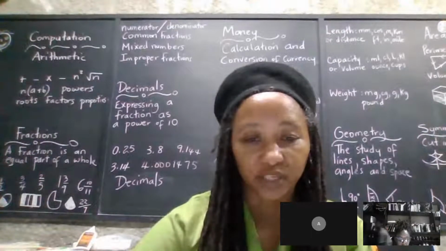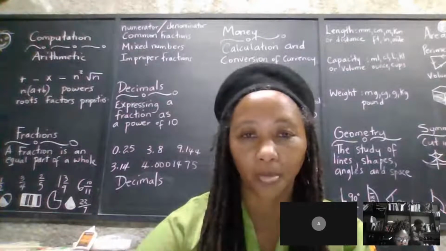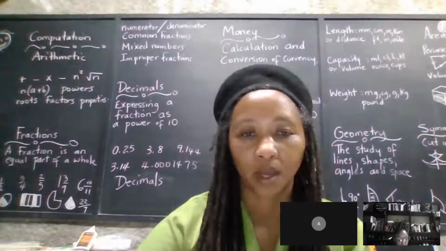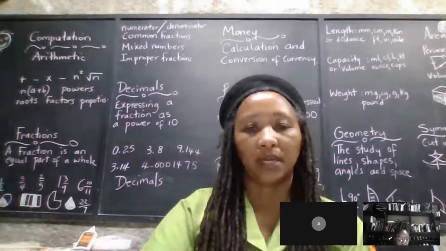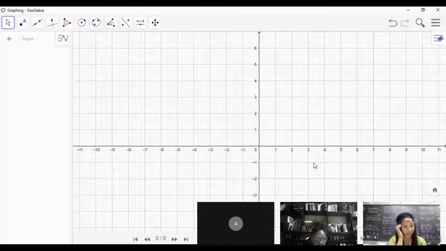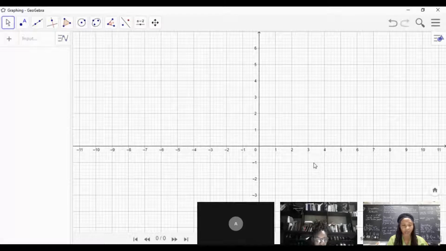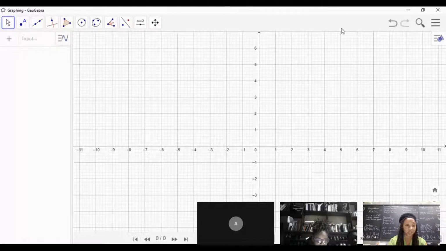So I'm going to share the screen. All right, so that's the GeoGebra. The GeoGebra is a software that allows you to plot graphs, and you can have access to geometric shapes to do your demonstrations, whether you want your circles.